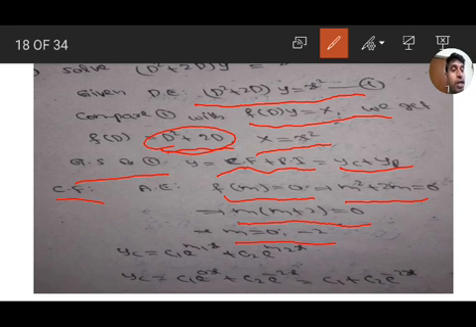Here the roots are real and distinct, so y equal to c1 e to the power of m1x plus c2 e to the power of m2x. m1 equal to 0, m2 equal to minus 2. So the complementary function is c1 e to the power of 0x plus c2 e to the power of minus 2x. E to the power of 0x means 1. So c1 plus c2 e to the power of minus 2x.